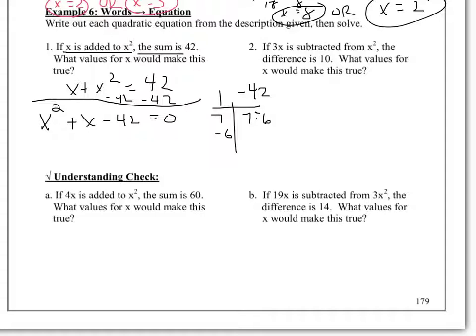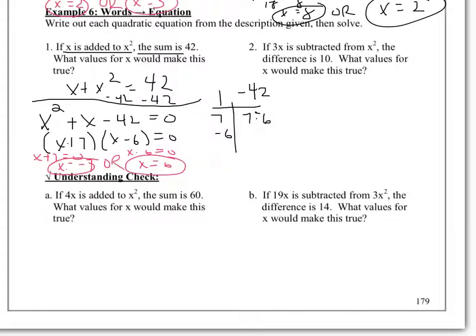Okay, so when I factor, I have x plus 7 and x minus 6 is equal to 0. Okay, take each part and set it equal to 0. X plus 7 is 0, so then x has to be negative 7. Here, x minus 6 is equal to 0, so x has to be 6. Okay, so x is negative 7 or 6.